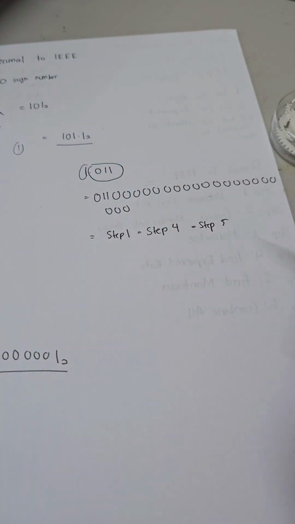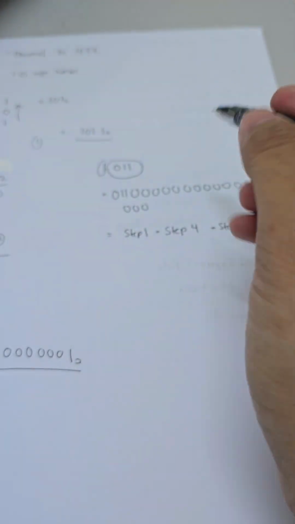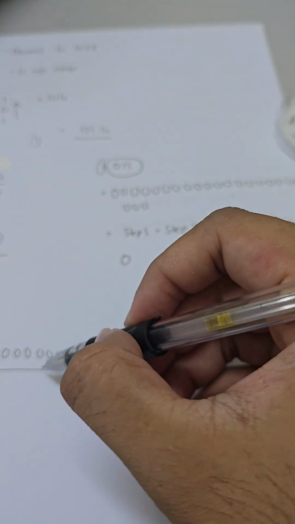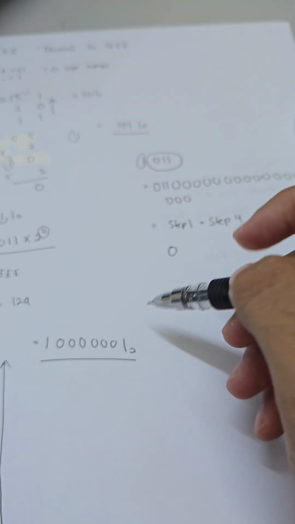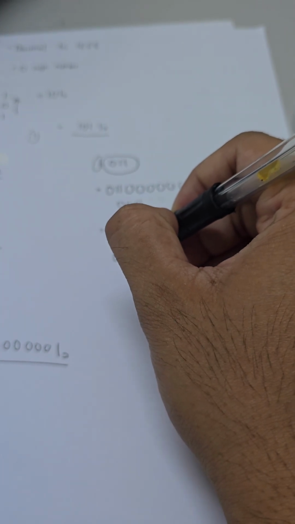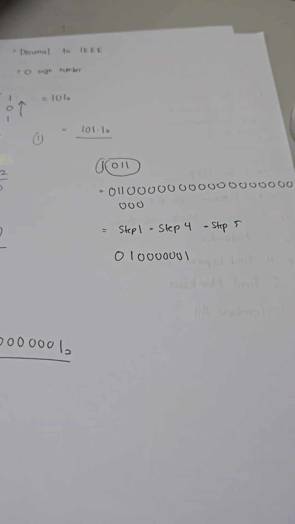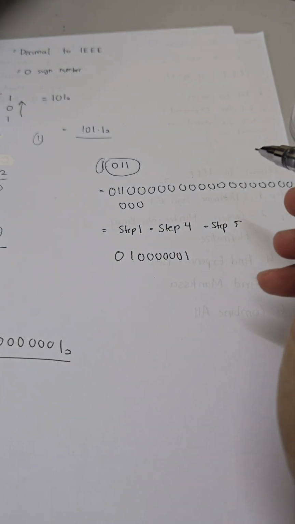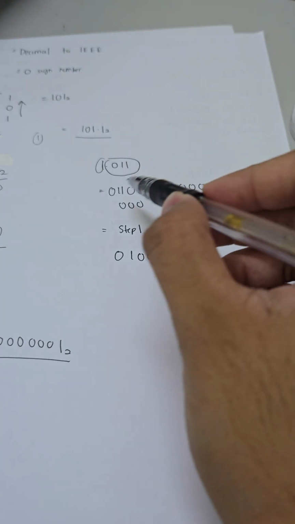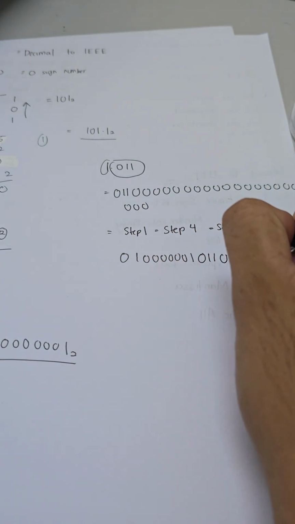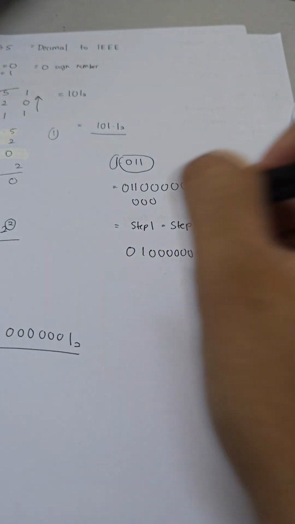For step 1, our sign number is 0, so we put 0. For step 4, we put our exponent number in binary, which we had just now, 10000001. Then for step 5, we combine the mantissa, all this long number: 011 followed by zeros, counting up to 23.